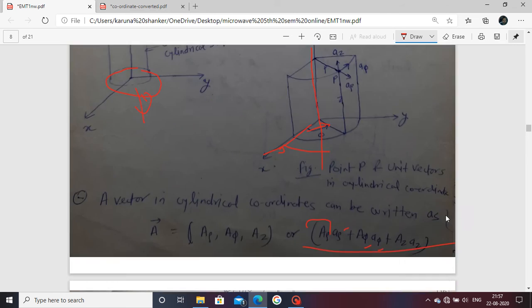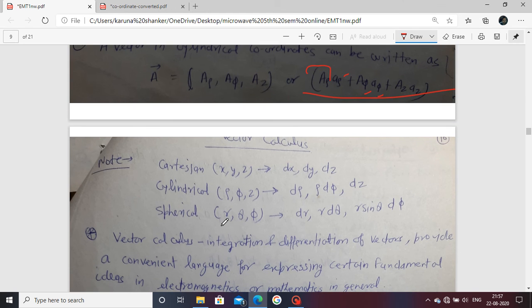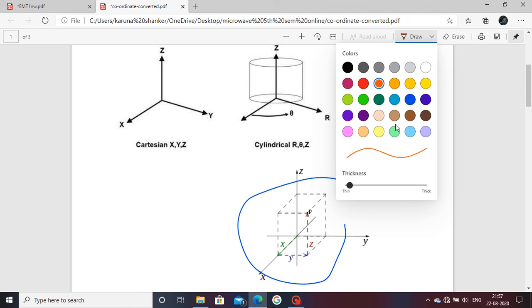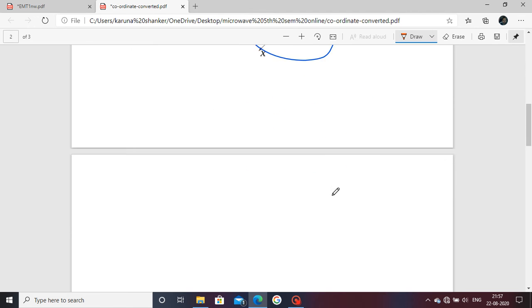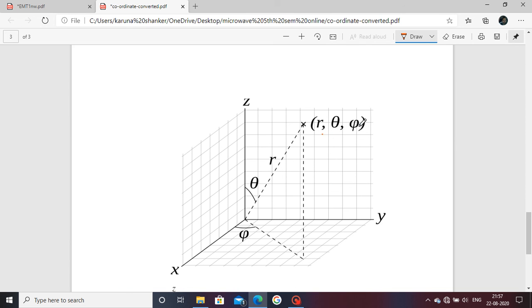Next we move to the spherical coordinate system. In a spherical coordinate system we use the variables r, theta, phi. This is used in spherical structures like a sphere or a volume. Here you see the variables r, theta, phi.